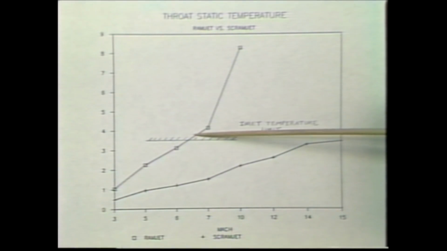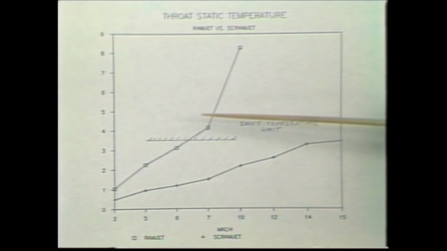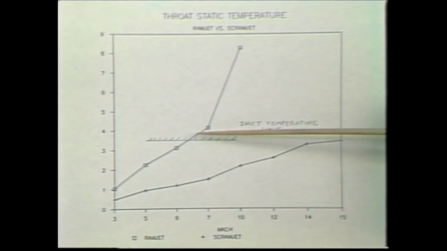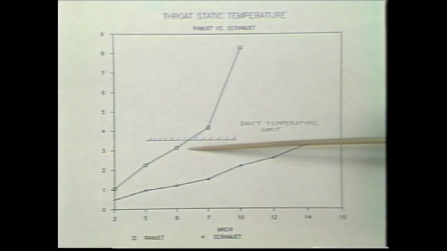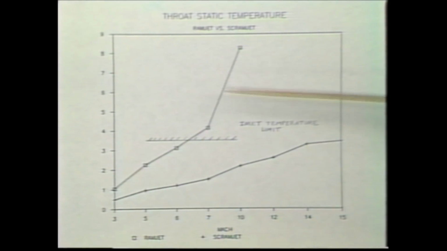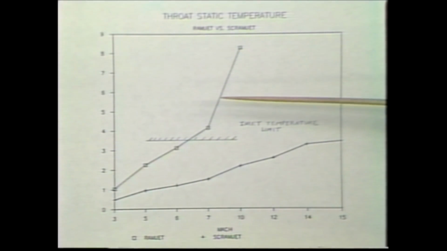If the inlet temperature gets too high, you'll dissociate a large fraction of the water you form when you combust, which will make you lose a significant amount of thrust. A reasonable one from experience is 3,500 degrees Rankine, which again establishes that crossover or limit to be about Mach 6.5 for transition from ramjet to scramjet.